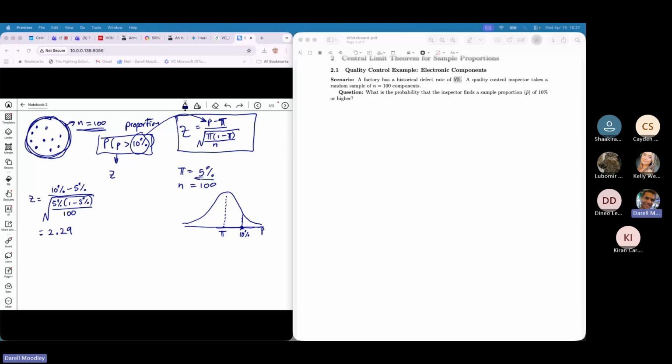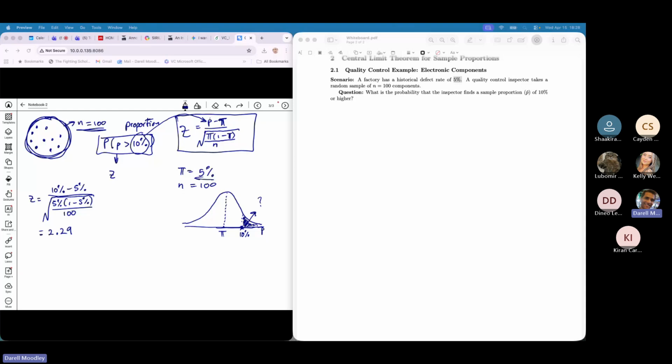So that means everything on the right greater than 10%. So this blue area here. There you go. You're trying to work out that area there. That's the area you're trying to figure out. And if you figure that out, that's the answer.